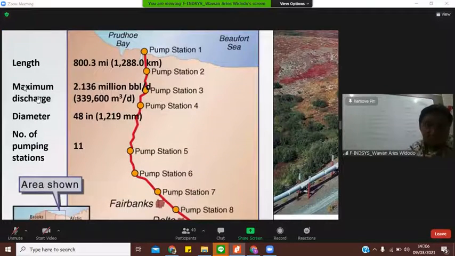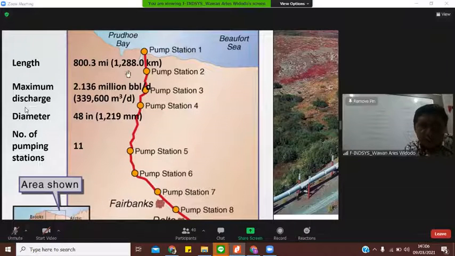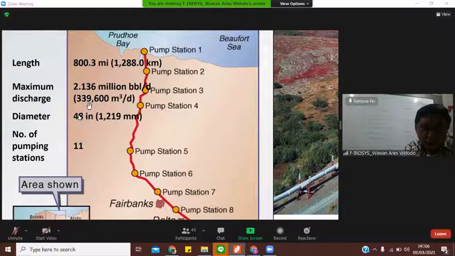The length of the piping system here is about 800 miles or 1,285 kilometers. Maximum discharge, the flow rate here, is about 339,600 cubic meters per day.